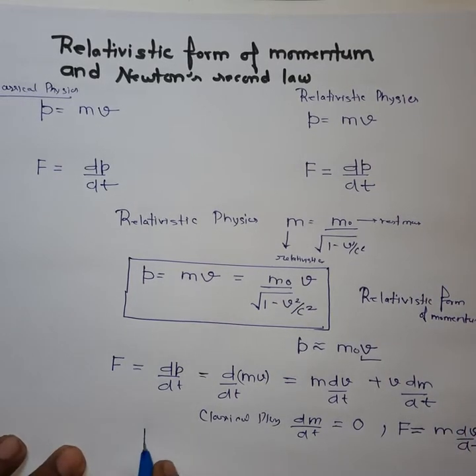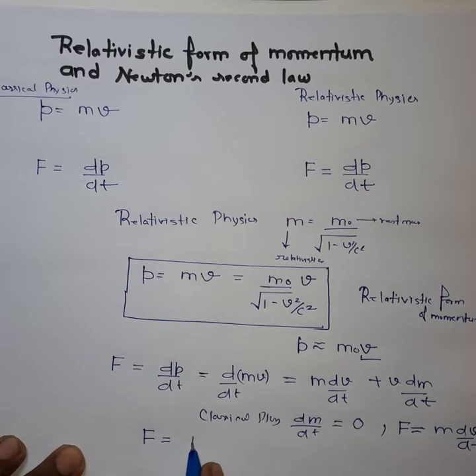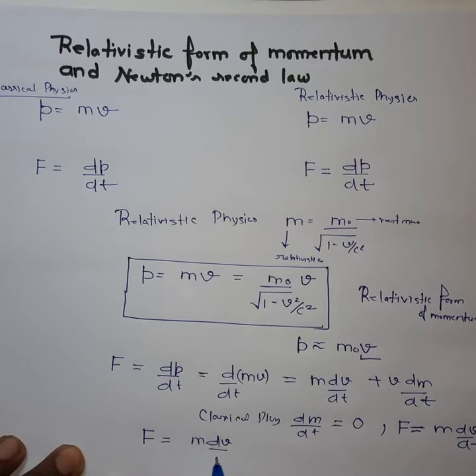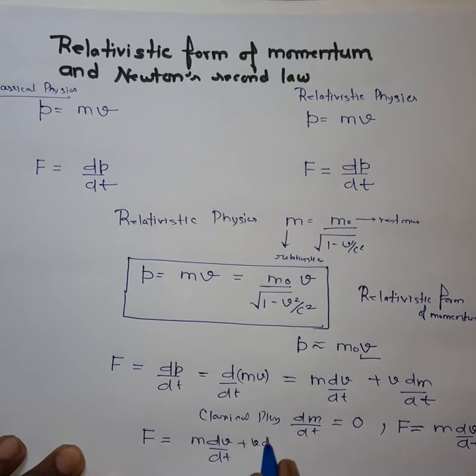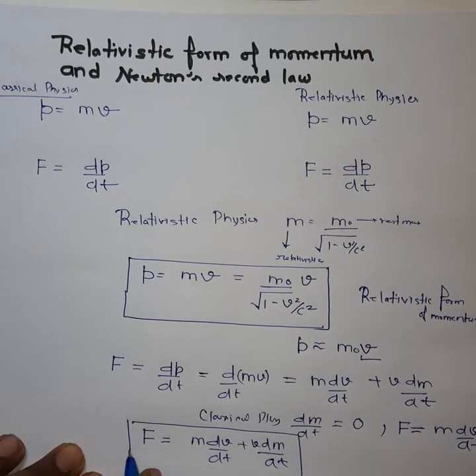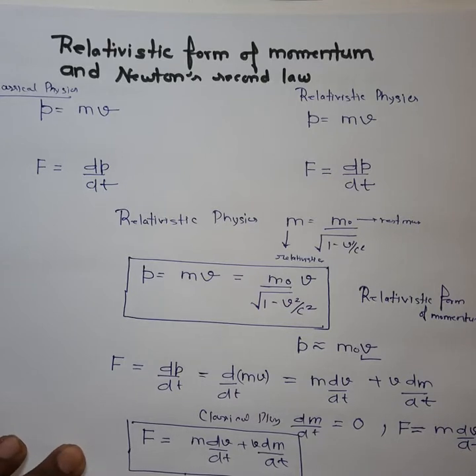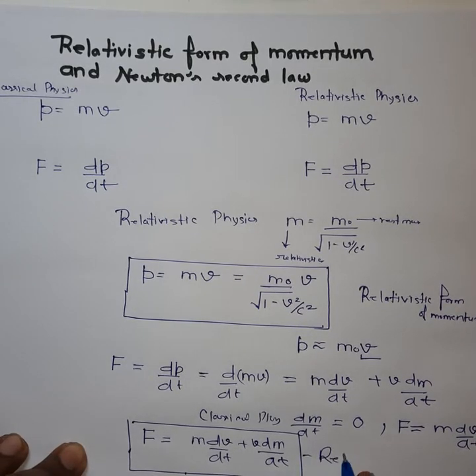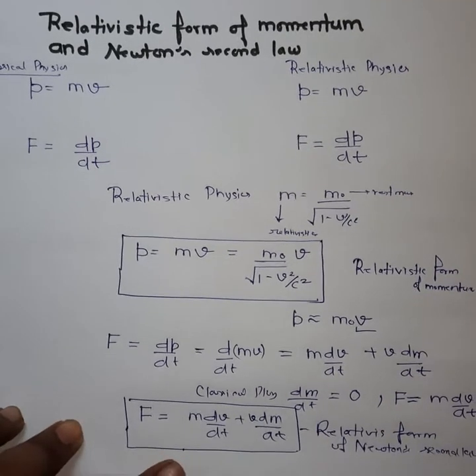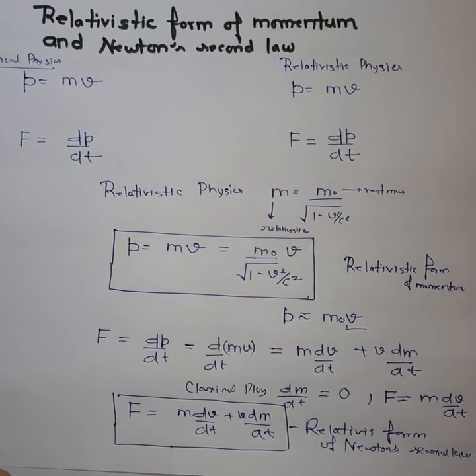So you can write the relativistic form as m dv/dt plus v dm/dt. This is the relativistic form of Newton's second law.